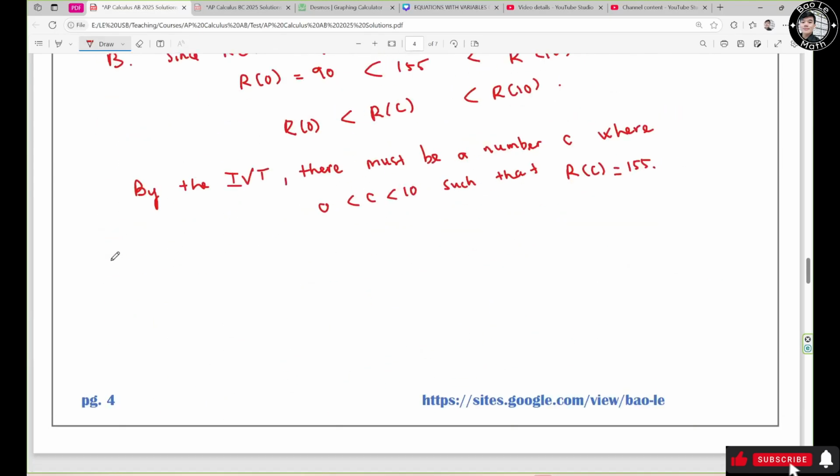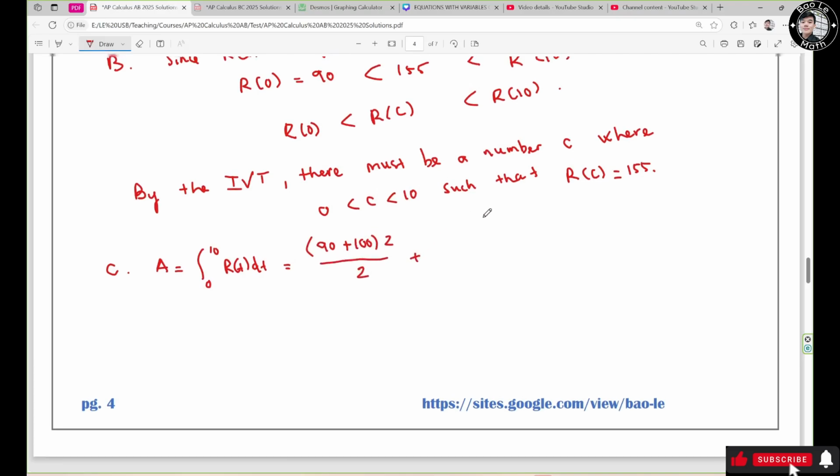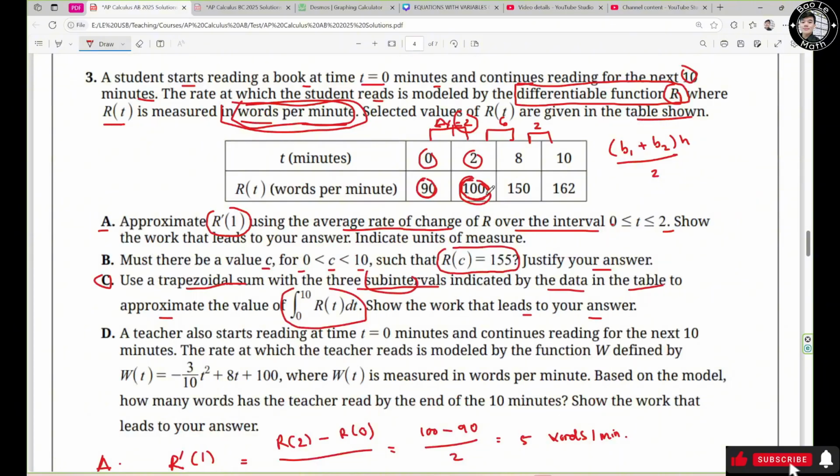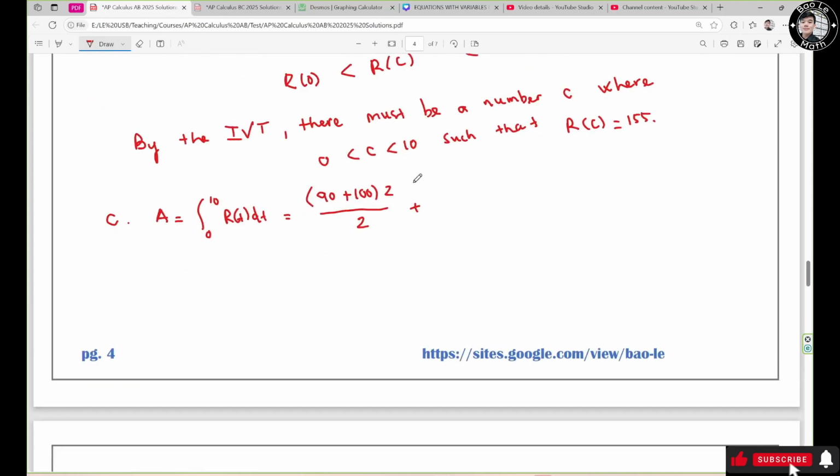So you have question C. The approximation for the integral from 0 to 10 of r of t dt is going to be base 1 equal 90 plus base 2 is going to be 100 times the height, which means delta t equal 2, divided by 2, plus the second one right here. Base 1 is 100, base 2 is 150, the height should be 6, right? So it could be 100 plus 150 times 6 divided by 2.